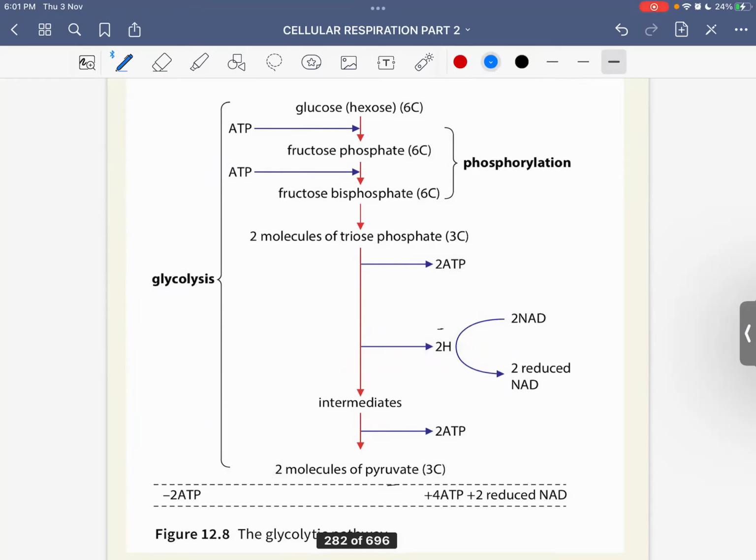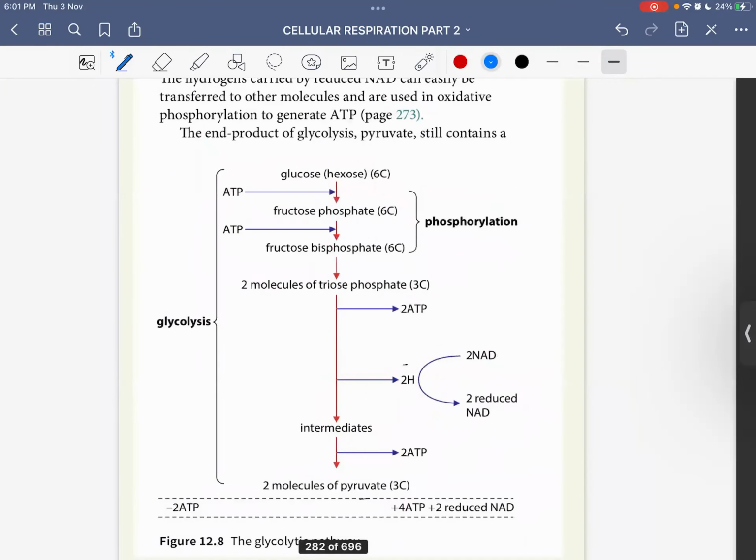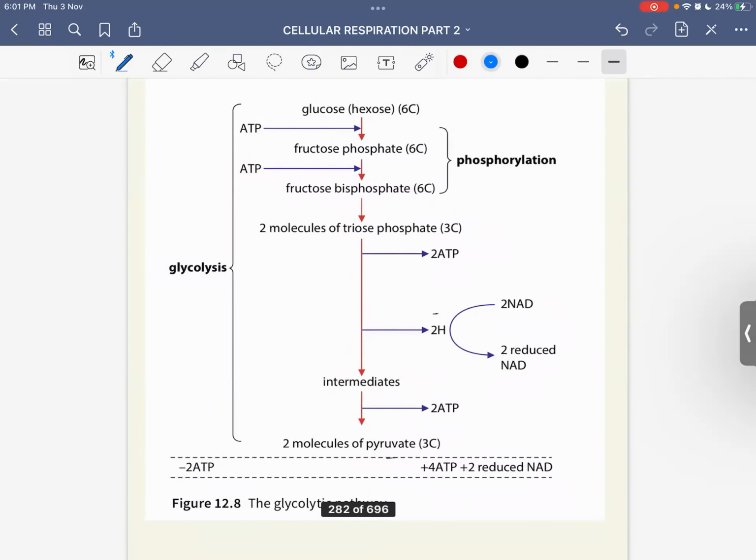Exactly. So if I ask you what's the investment in glycolysis? How many ATPs? So 2 ATP molecules are invested. So phosphorylation takes place, which forms glucose into fructose phosphate, and then you invest another ATP and our fructose phosphate becomes fructose biphosphate, so phosphorylation takes place.